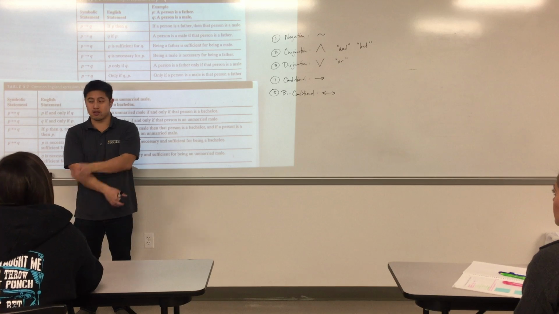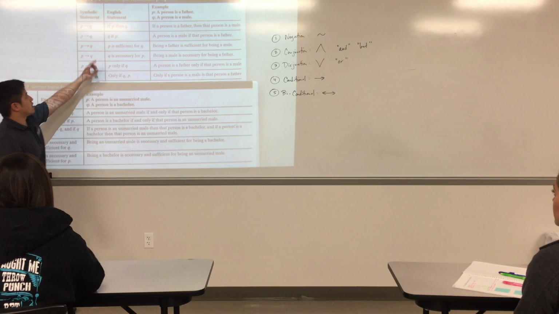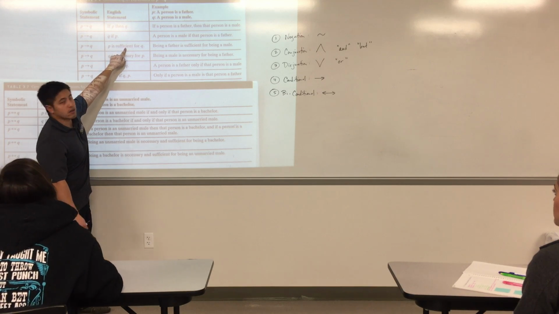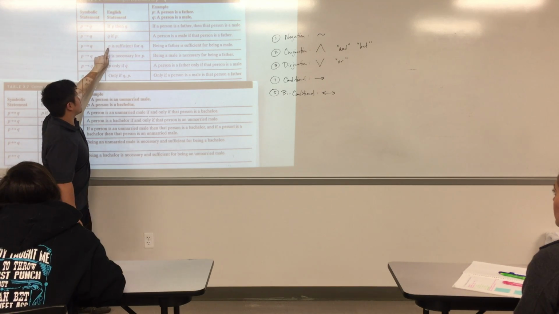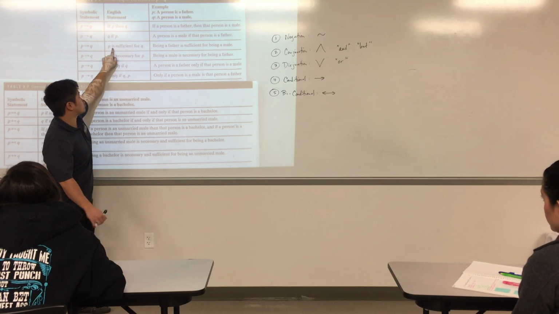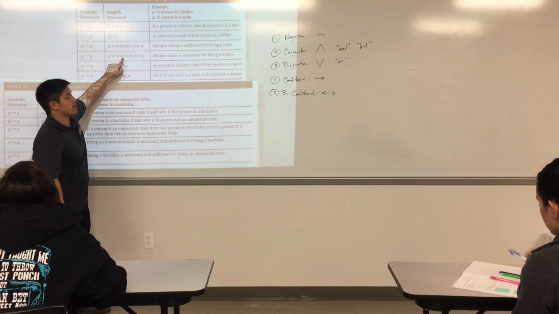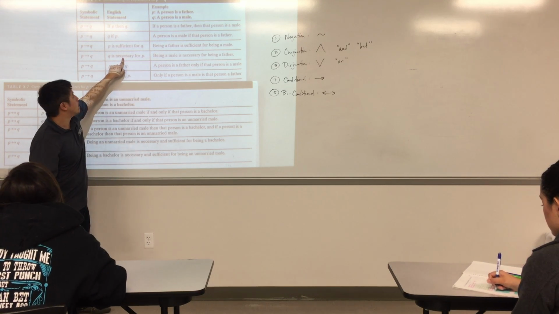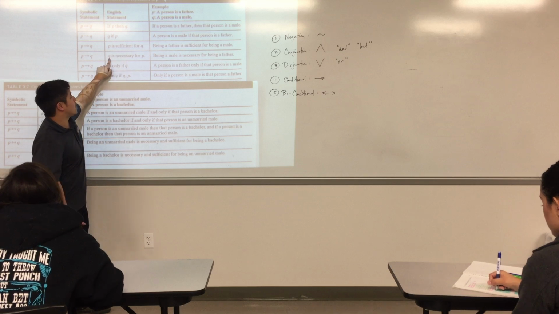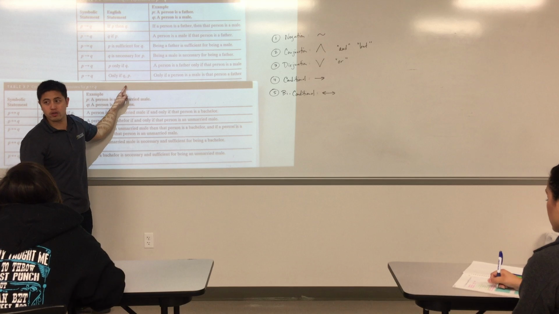Does that make sense? It's super tricky, and we're going to see this. We're going to work on that. If we see P, the word sufficient, then we know we can run it in order. First, then the second. First arrow, second item. However, if we see the word necessary, then it means that whatever comes first goes second, and whatever second comes first.